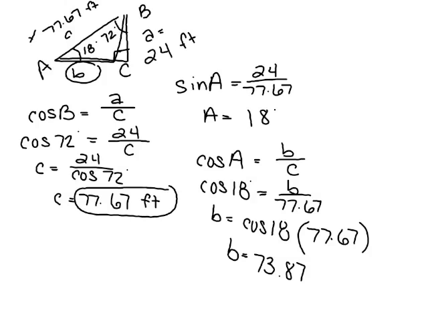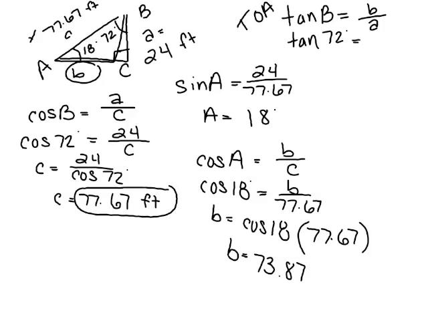So I can do the tangent of angle B, so tangent is opposite over adjacent. So opposite of angle B is side B, and then adjacent is side A. Put in what I know. B is 72 degrees.